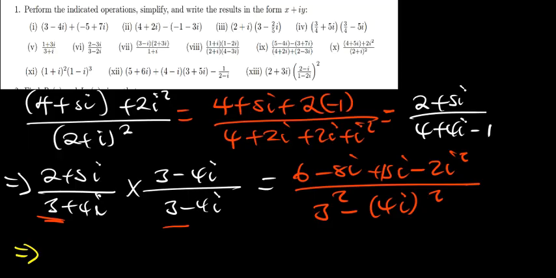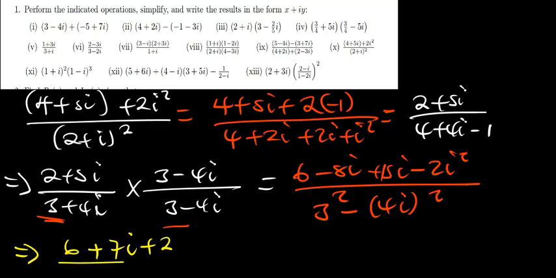This is going to be 6, negative 8 plus 15. Okay, what is negative 8 plus 15? That is 7. So meaning is positive 7i. Now there, since we have got negative 20i squared, it's going to be plus 20 because i squared is negative.